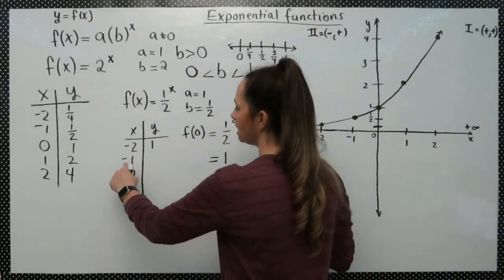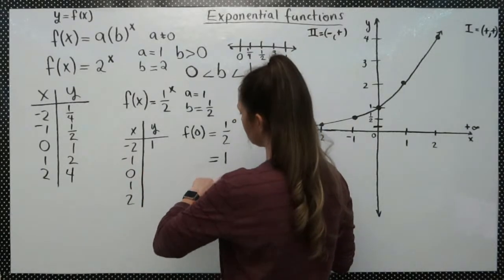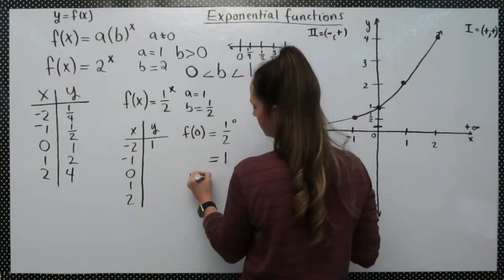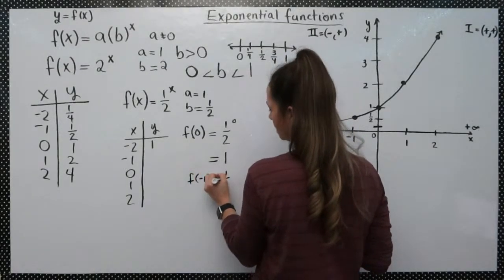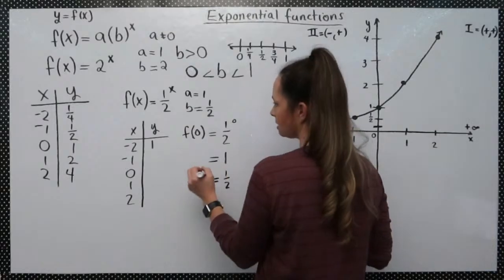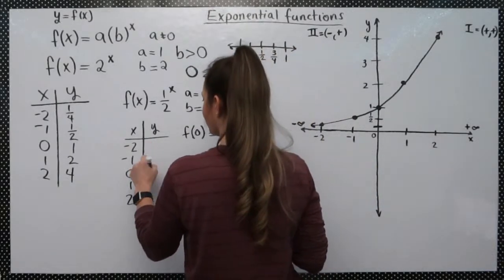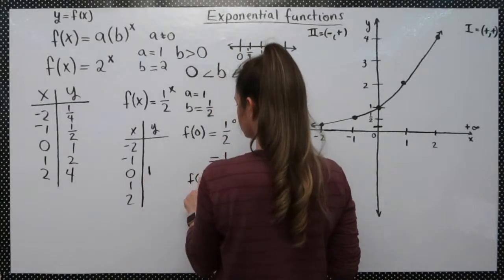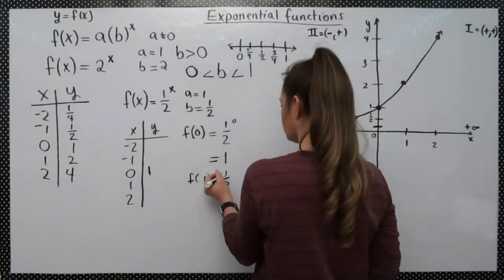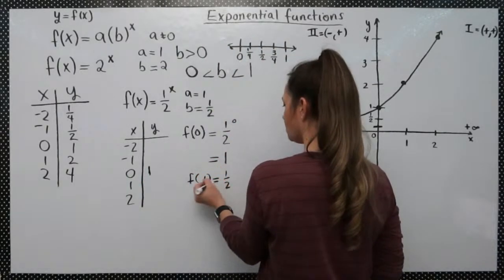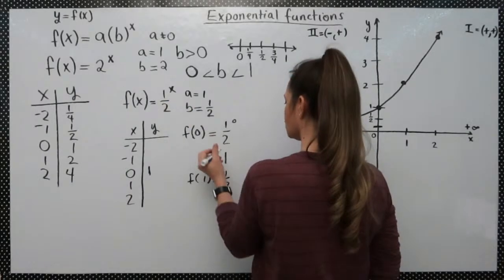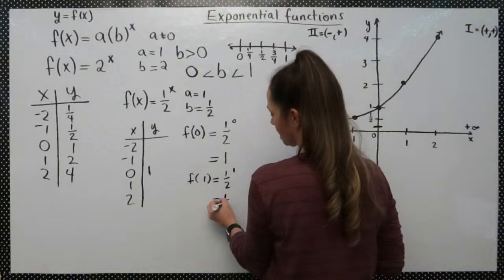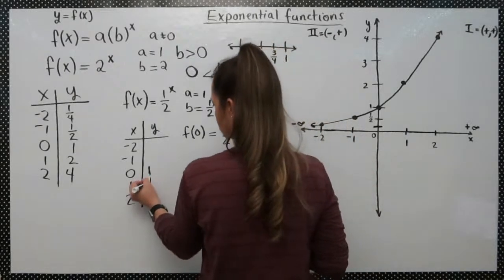All right, -1 now. F of -1 is going to be 1/2. Oh, wait. We're not going to do -1. We're going to do +1. So 1/2, just plugging in 1 where x is. 1/2 to the first power is just 1/2.